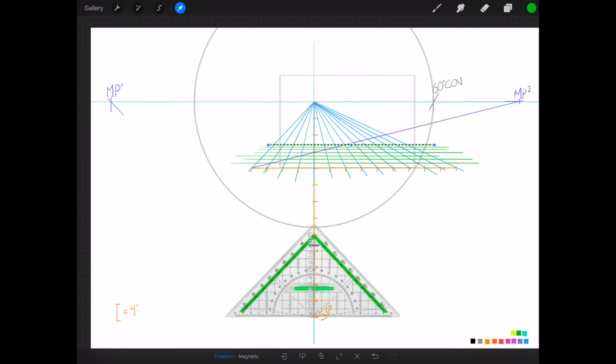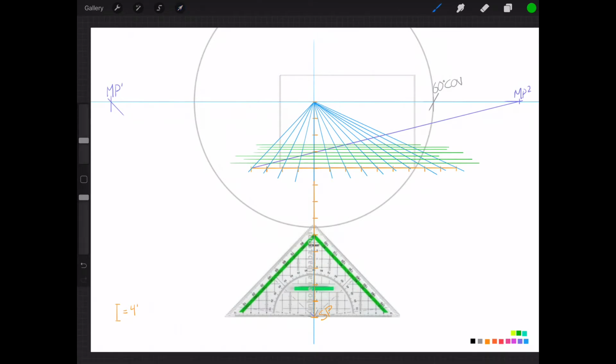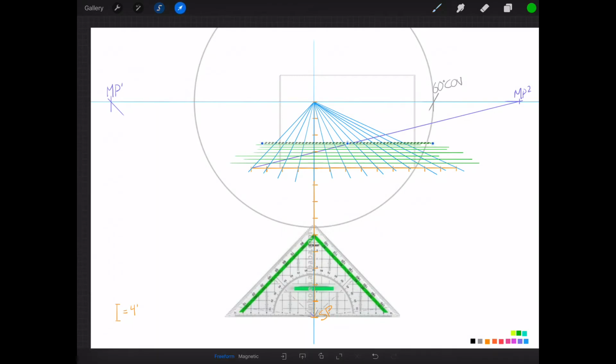But in this particular case, because we're dealing with a 60-degree cone of vision and 4 feet, we have something that is more of a standard lens. Now this changes if you change the scale of those units. And unfortunately, people will change that scale to be way outside of what is standard, right?